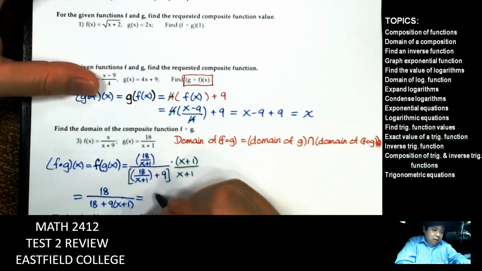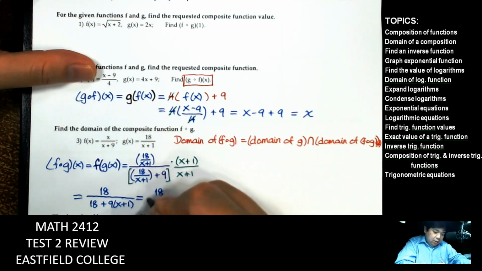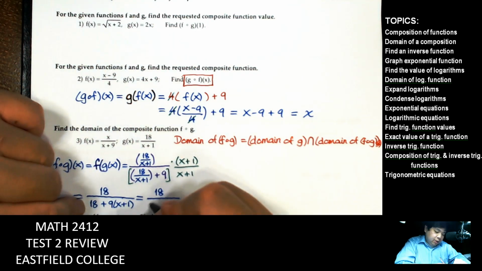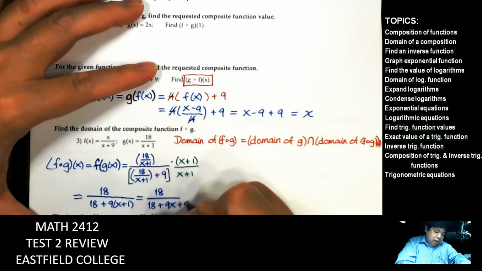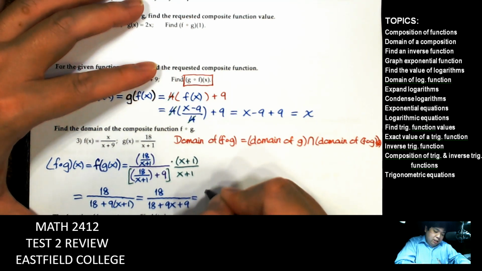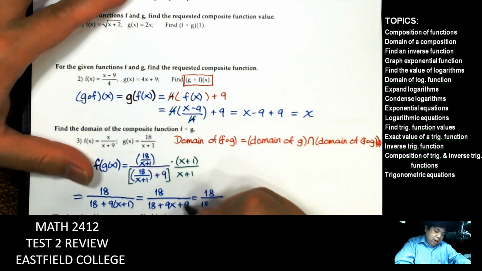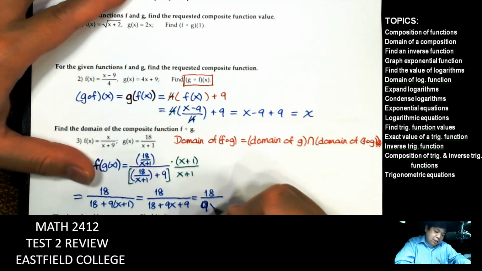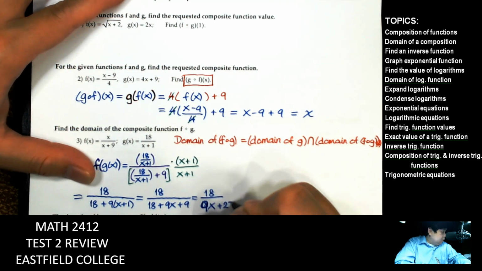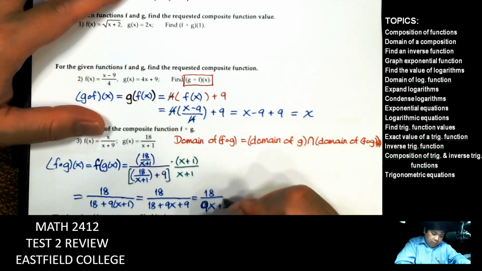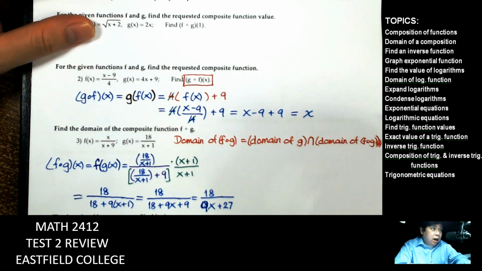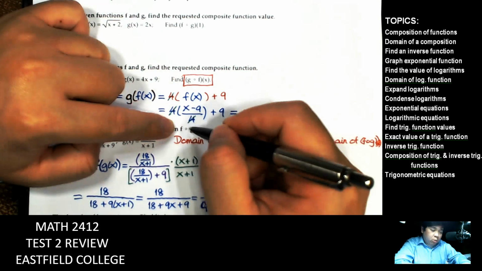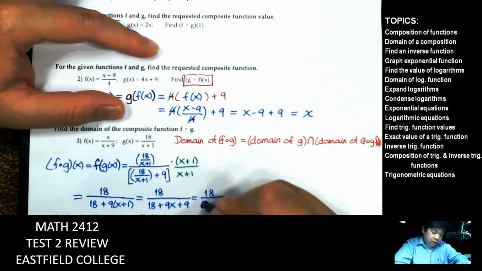So we have 18 over 18 plus 9x plus 9, which is 18 over 9x plus 27. So we found the computation of f and g.